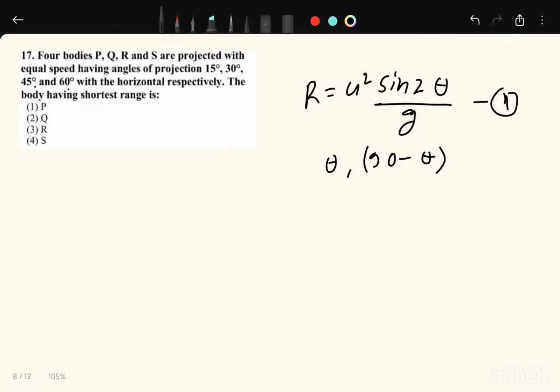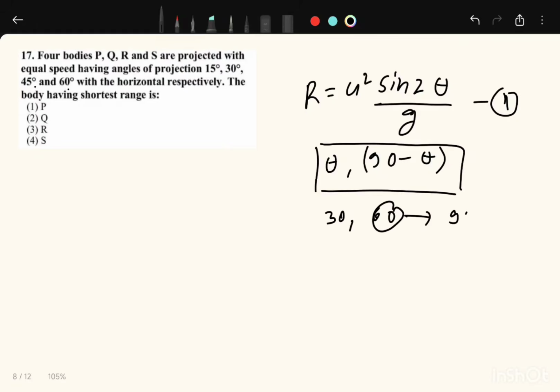If I put 90 minus theta in place of theta, the formula will not change, right? So range on complementary angles will remain the same. Can we see any complementary angles in the given question? Yeah, 30 degree and 60 degree, right? Because I can write 60 degree as 90 minus 30. So 30 and 60 degree are complementary angles, so range on 30 degree and 60 degree will be the same. But we are asked for the shortest range.